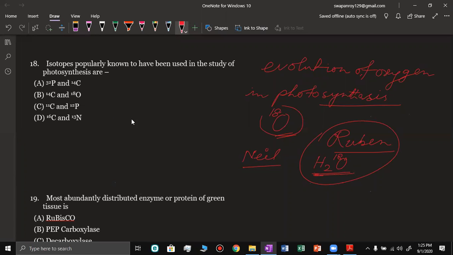Next is carbon 14, the isotope of carbon. It was used for the dark reaction of photosynthesis, where the carbon dioxide is reduced to carbohydrate.